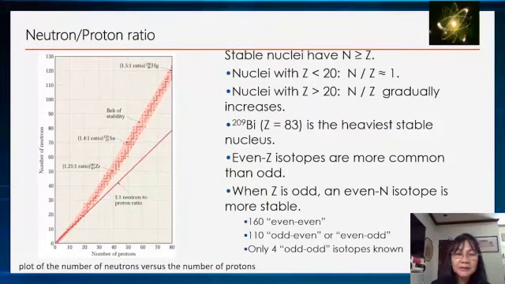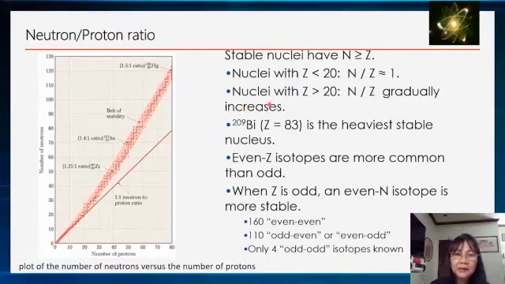So what can we say about the neutron to proton ratio? Stable nuclei have neutrons that are greater than the protons. So as you can see here, starting from element number 20, if the number of neutrons is greater than the number of protons, most likely the isotope is stable.